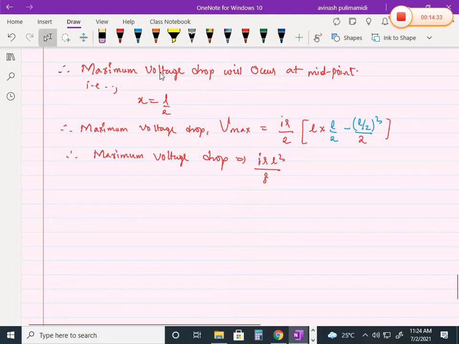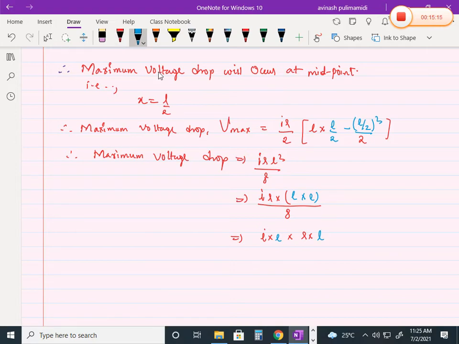We can also write this in this way. I into r into l square can be l multiplied by l, divided by 8.